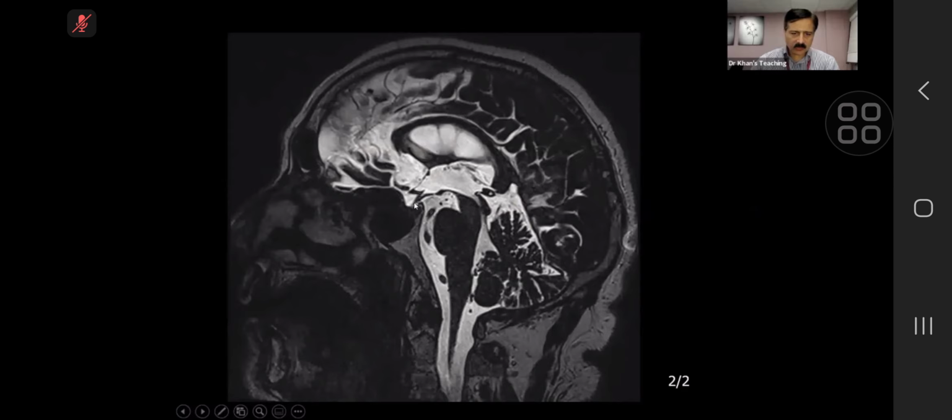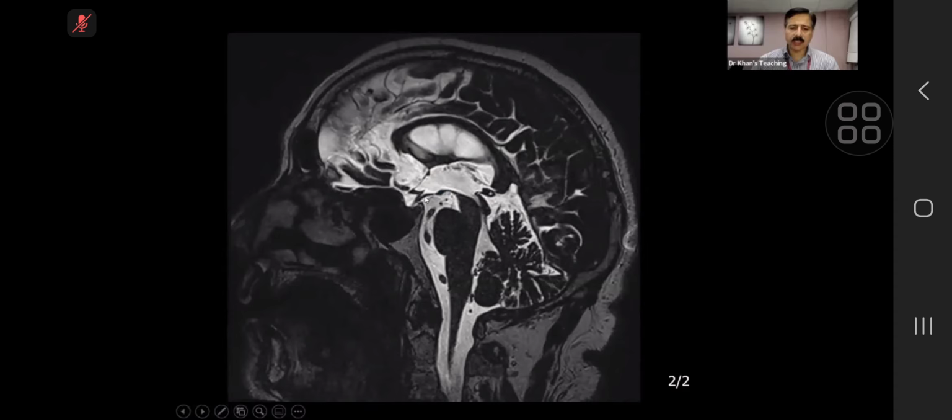What is this? That's the infundibulum. Okay. From here till here, what do you call this? Sulcus terminalis. So this is what we call the floor of the third ventricle, right? Okay. Floor of the third ventricle, and also known as hypothalamus.